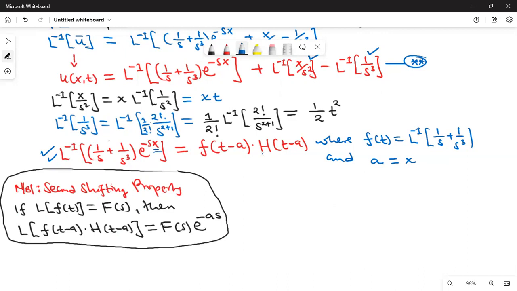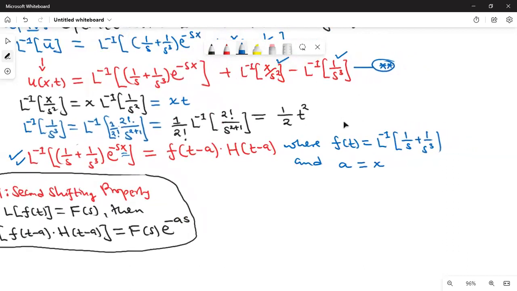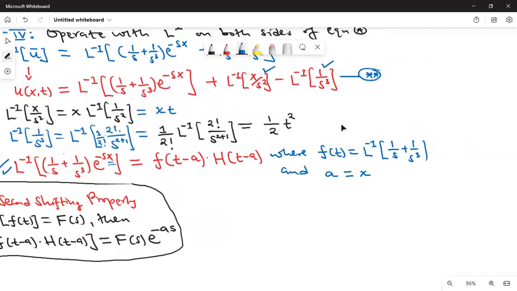And our F of s is 1 over s plus 1 over s cubed. So let's now get f of t. We can now find f of t. Look at this. Let me write with a different color. L inverse of 1 over s is 1. And the inverse of 1 over s cubed, we have just found to be 1 over 2 t squared.